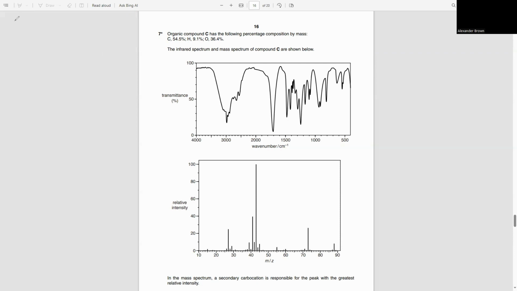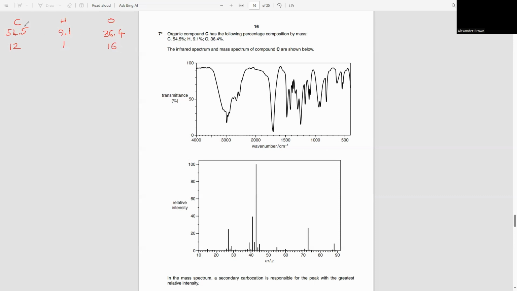So the first thing I would do is rewrite each of the percentages: C has 54.5, H has 9.1, and oxygen has 36.4. Then we divide each of these by the atom's atomic mass. The carbon atom's mass from the periodic table is 12, hydrogen's is 1, and oxygen's is 16.